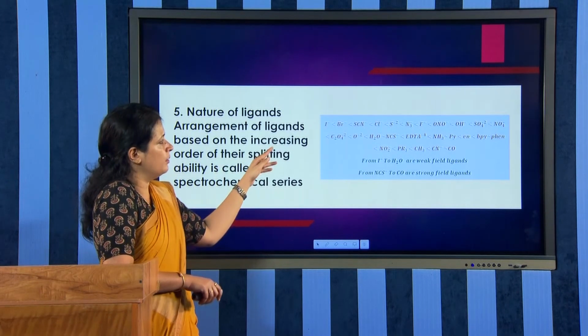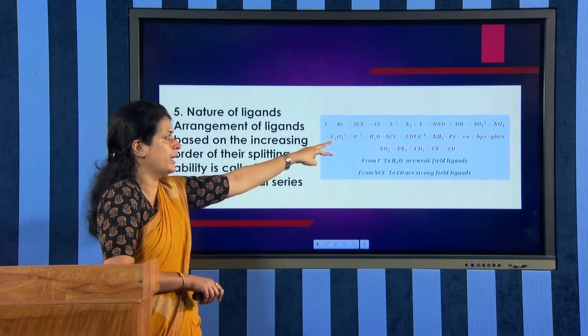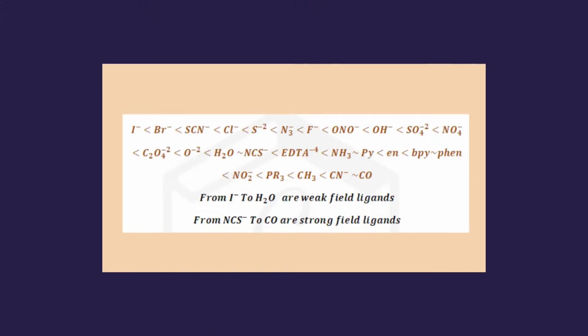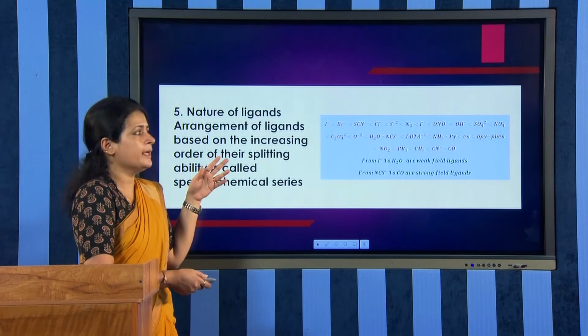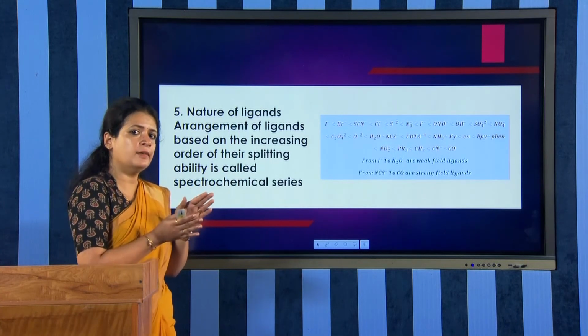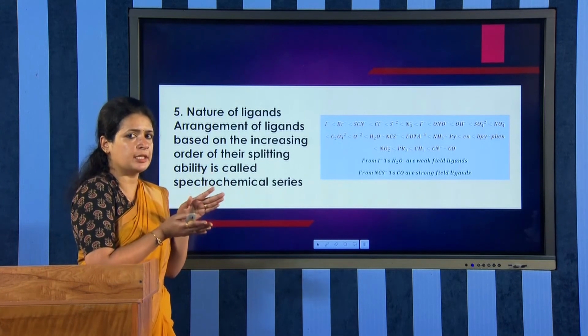H2O and NCS have a similar splitting ability, and from there to CO, they are generally called strong field ligands, because they have a strong ability to split the d orbitals. So, when weak field ligands are present in the complex, the splitting of d orbitals will be very much less.